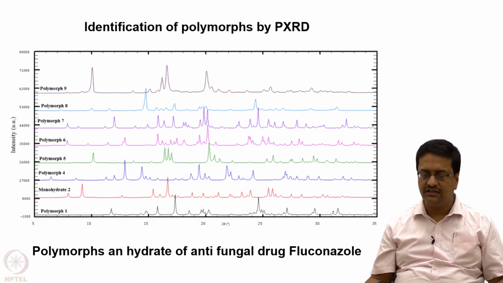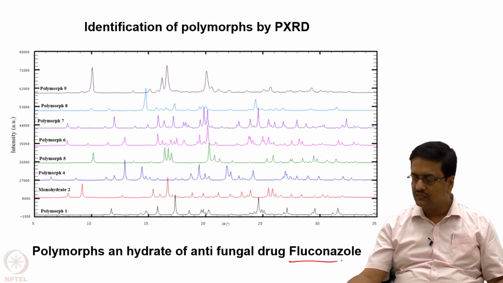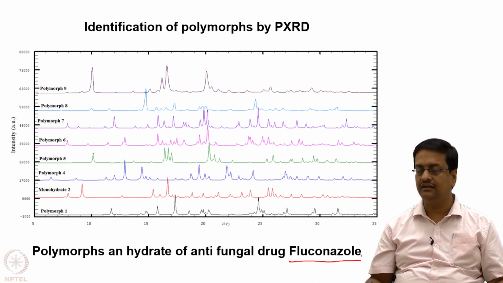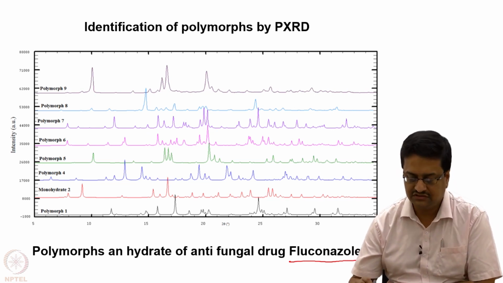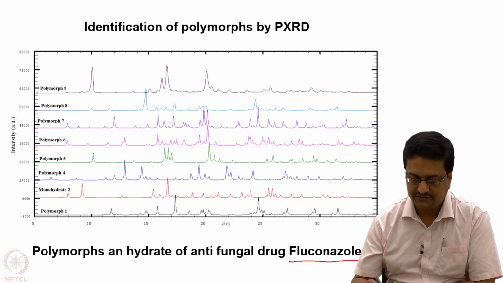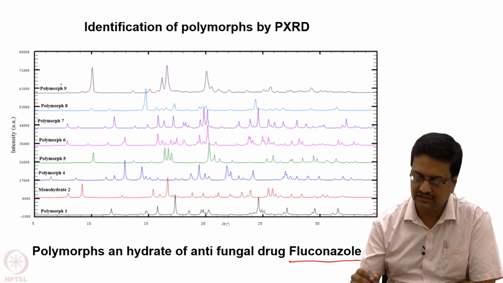So here you can see a particular compound, fluconazole, we used this for our experiments in the lab. There are 9 different polymorphs of this compound known, where polymorph 1, 2, this is a monohydrate, polymorph 4, 5, 6, 7, 8 and 9.